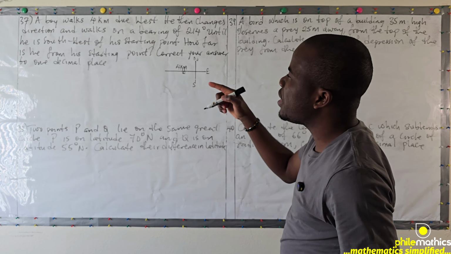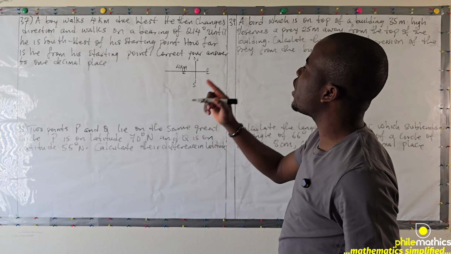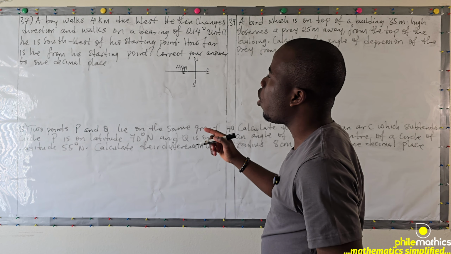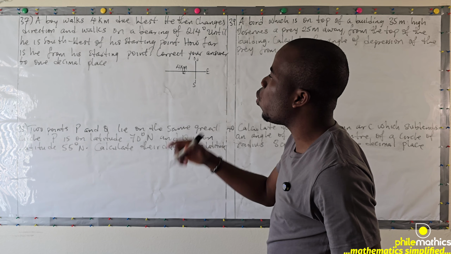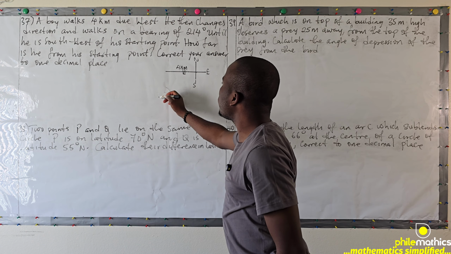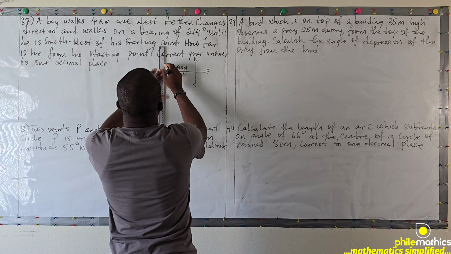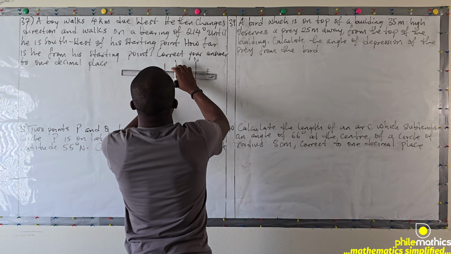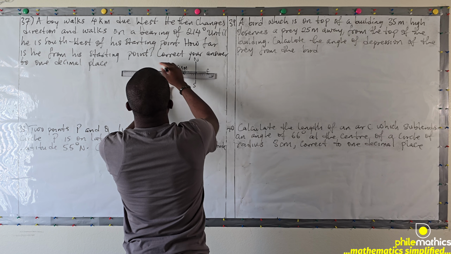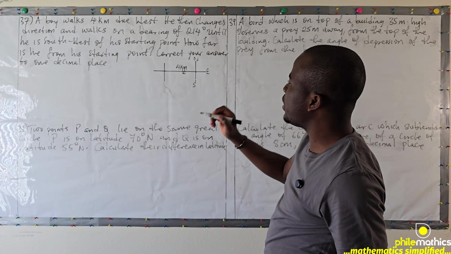He then changes direction and walks on a bearing of 214 degrees until he is southwest of his starting point. This is southwest of his starting point, so this is his new location. He changes direction 214 degrees.